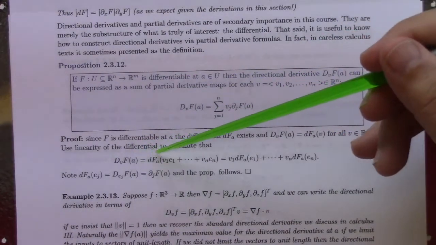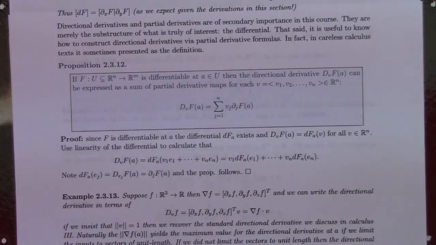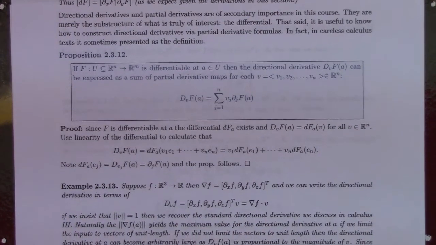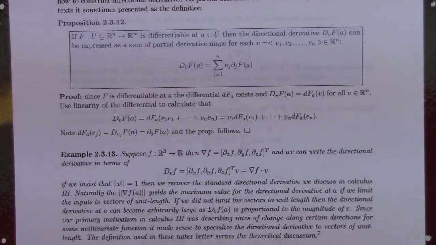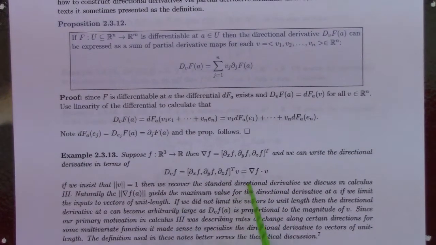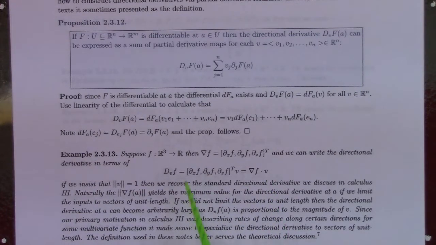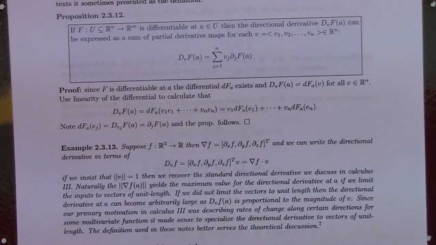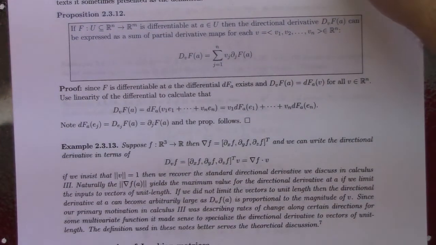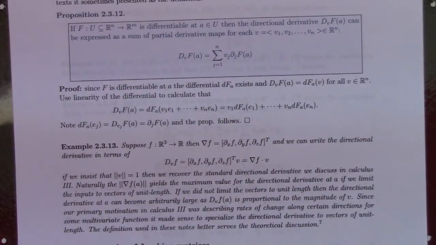The proof of that is pretty simple. Here it is. Again, standard directional derivatives down here: it's the dot product of the gradient vector with the velocity. And in Calculus 3, we insist that the length of v be 1, but we make no such assumption here because we're interested in studying the theory of differentiation, not just using directional derivatives to solve certain applied problems.